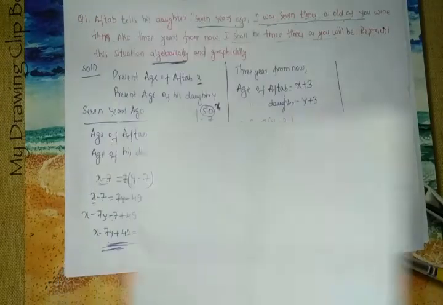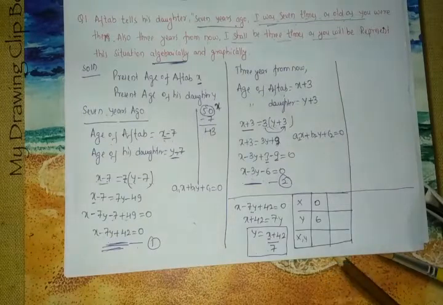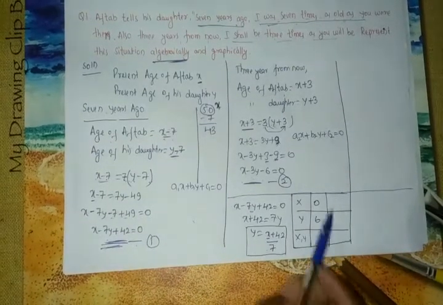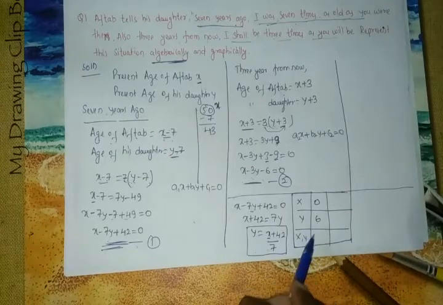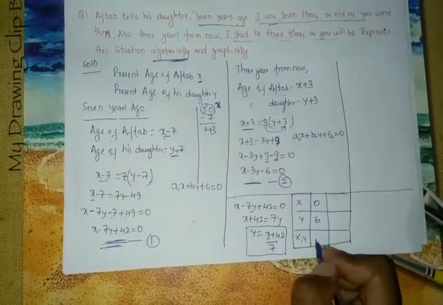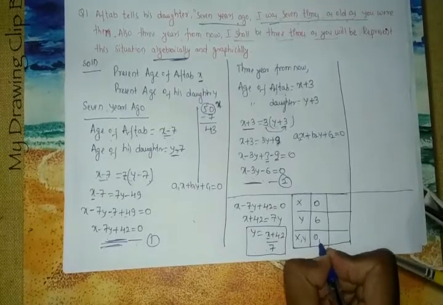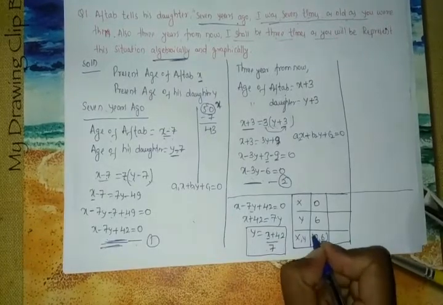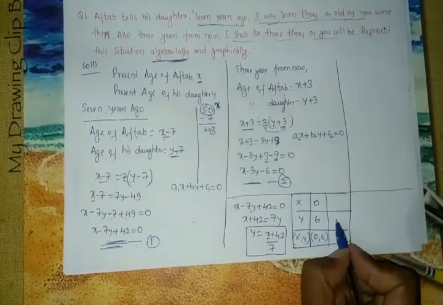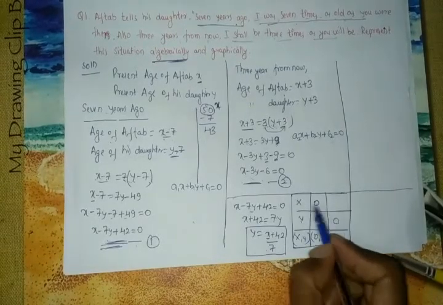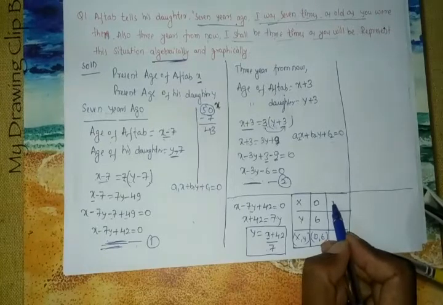Now coming back to this, I have put the value of x as 0 and got the corresponding value of y as 6. So my coordinates will be 0 comma 6. Now similarly I can put the value of y as 0 and try to get the corresponding value of x.